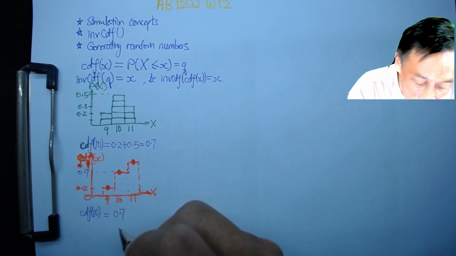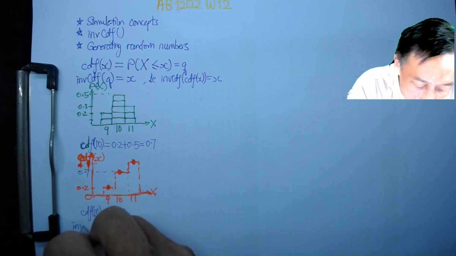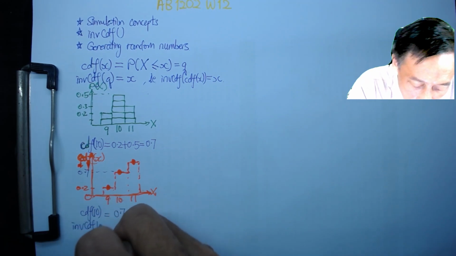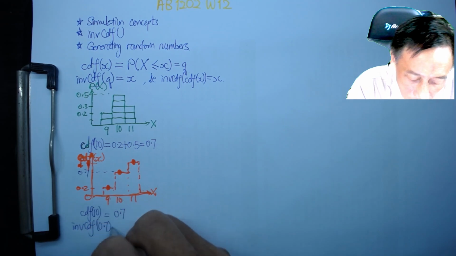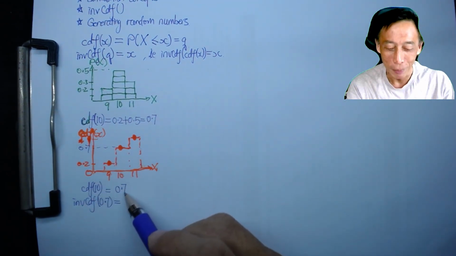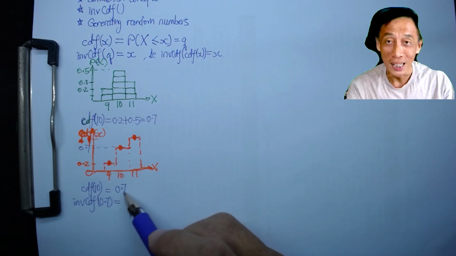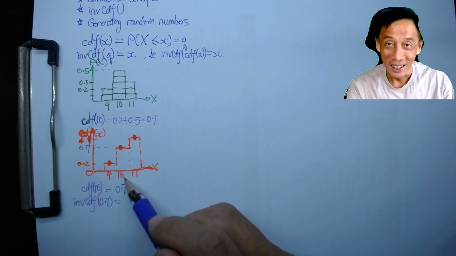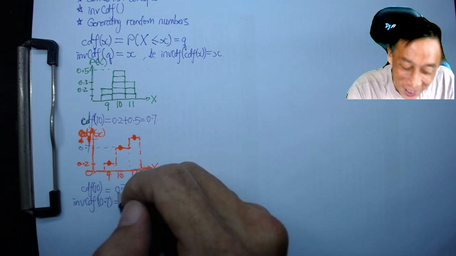Now, if I say what is the inverse CDF of 0.7, I'm sure you agree with me, because we have been working on this example, that it will be 10.